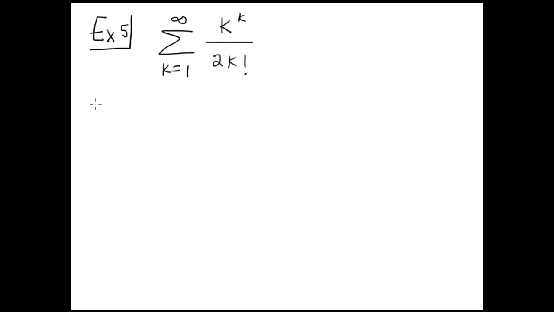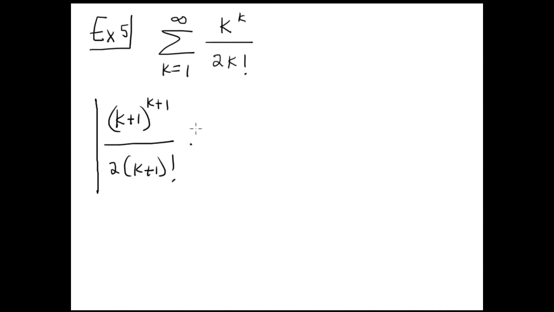We compute the expression, the absolute value, k plus 1 raised to the k plus 1 divided by 2 times k plus 1 factorial, times the reciprocal, which is division, 2 times k factorial divided by k to the k power. We need to manipulate this. One of these two is cancelled. It's obvious. And k factorial divided by k plus 1 factorial is 1 over k plus 1.